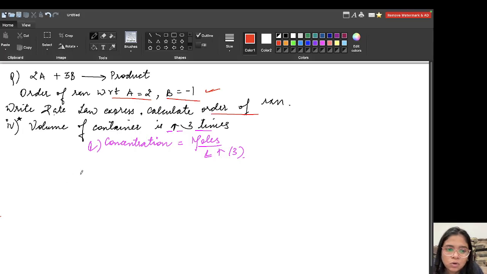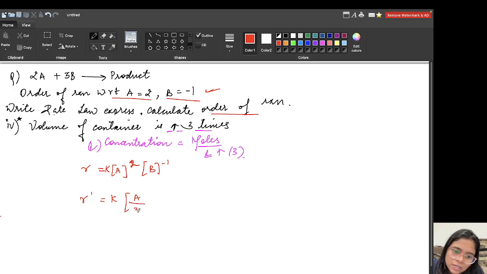See, the original was r equals K, A raised to the power, I think it was 2, B raised to the power minus 1. Then what are they doing? The new concentration will be K, A by 3 raised to the power 2. Why? Because your volume is increasing, it means concentration will be decreasing. So moles per liter, right? So this thing will be 2B by 3 raised to the power minus 1.